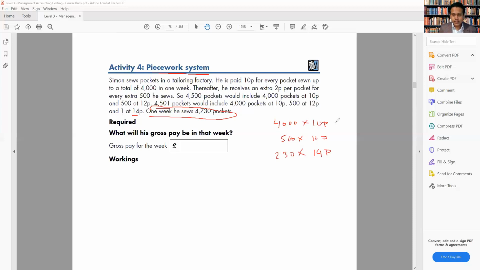So if we do that, that will give us the total. If we multiply that, 4,000 times 10 pence will be 400. How much will be that? 500 times 12 pence is 60, and 230 times 14 pence is 32.2.